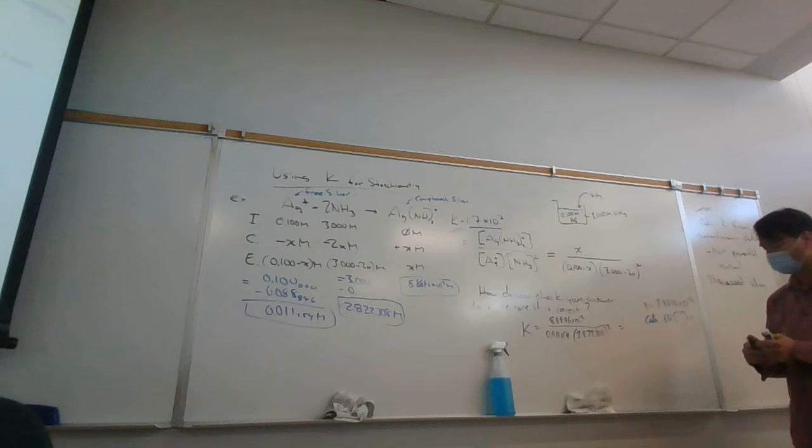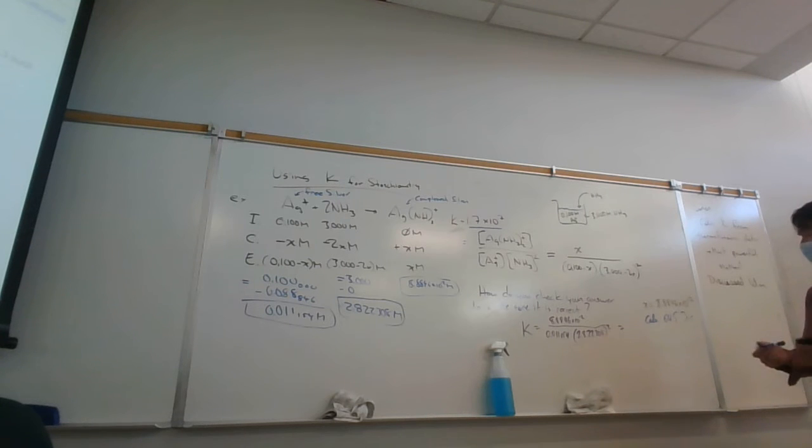8.8846 times 10 to the minus 2 divided by 0.011154 divided by 2.822308 squared.